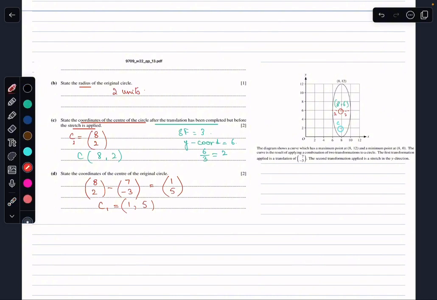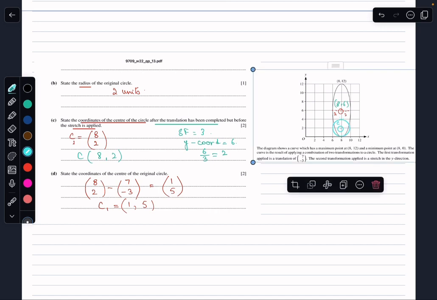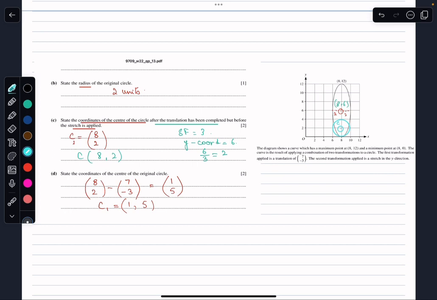If I just draw the circle here, this would have been where the circle was after applying the translation, and then applying the stretch along the y direction. This point here has the y coordinate as 2. So 2 times 3 giving me a 6. It has stretched to 8 comma 6.